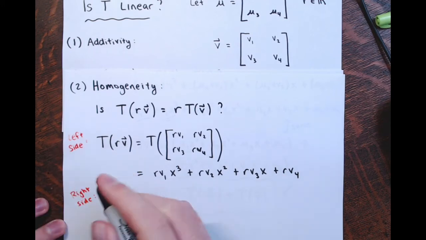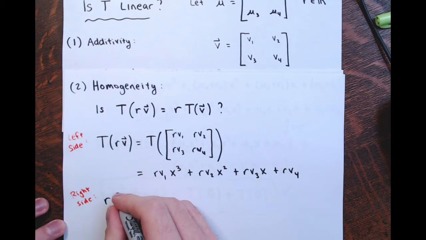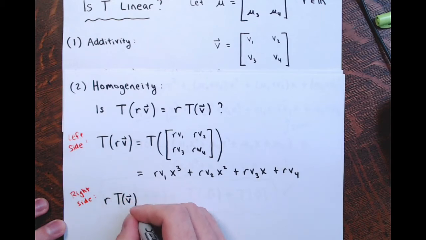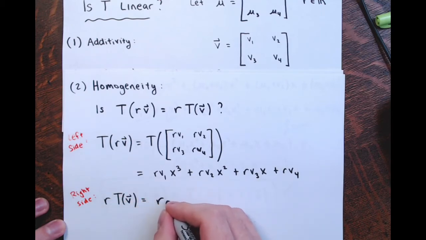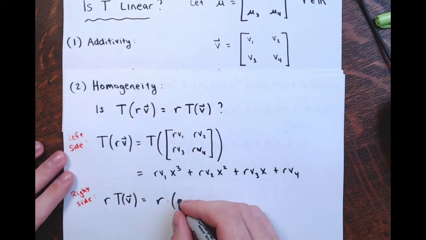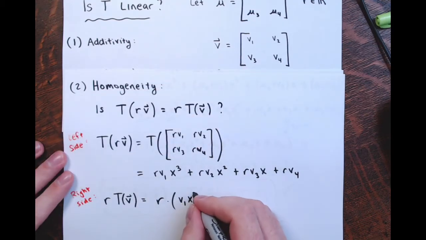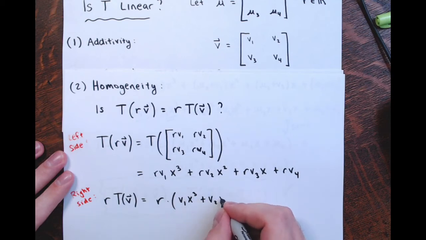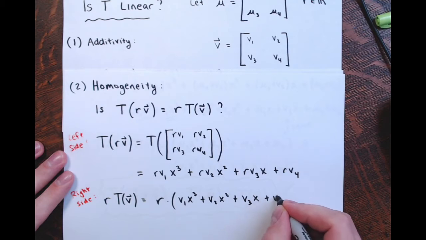What is r times T of v? This would be r times T applied to vector v, or matrix v. So that'd be v1x cubed plus v2x squared plus v3x plus v4.